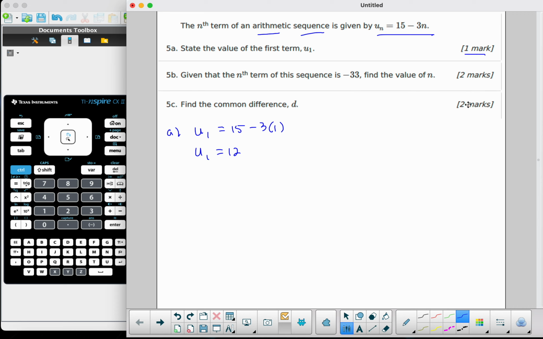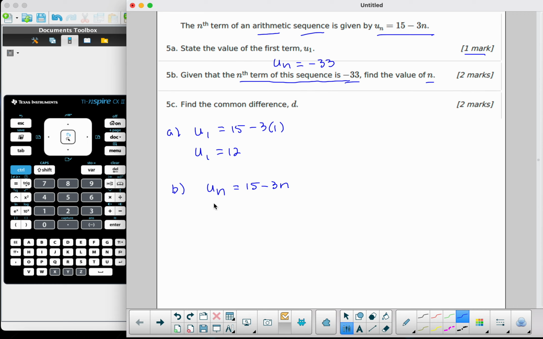All of these should be fairly quick just because of the number of marks. B, given that the nth term of this sequence is negative 33, find the value of n. So u sub n equals 15 minus 3n. When they say the nth term is negative 33, they're saying u sub n equals negative 33, right?